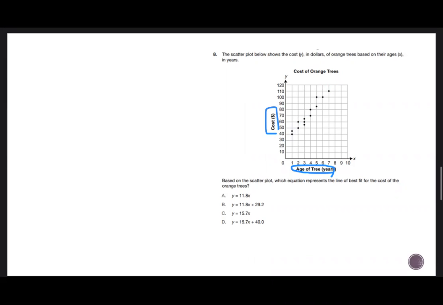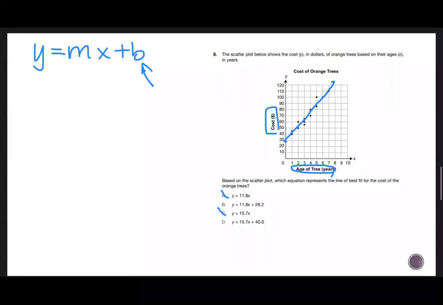So if we draw this, we have approximately that line of best fit. And if we look at our line of best fit, the y-intercept is real close to 30. So C and A are out because we want something with a y-intercept. And remember, the y-intercept is the b term.